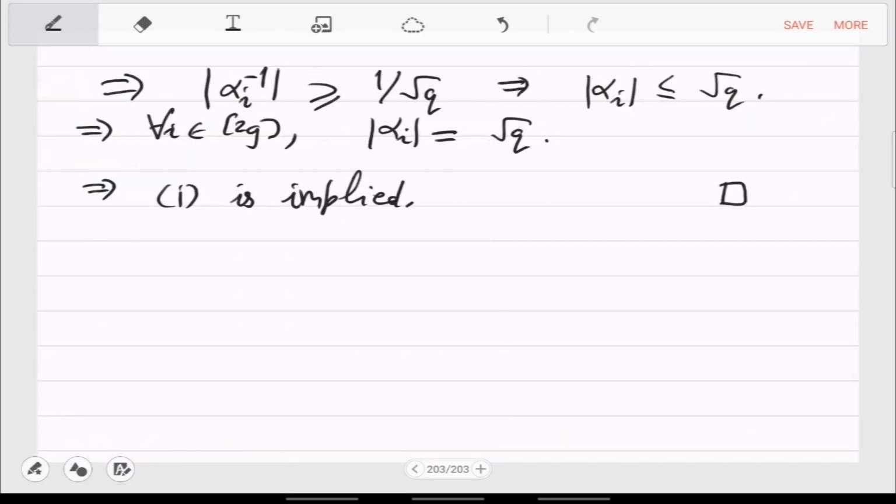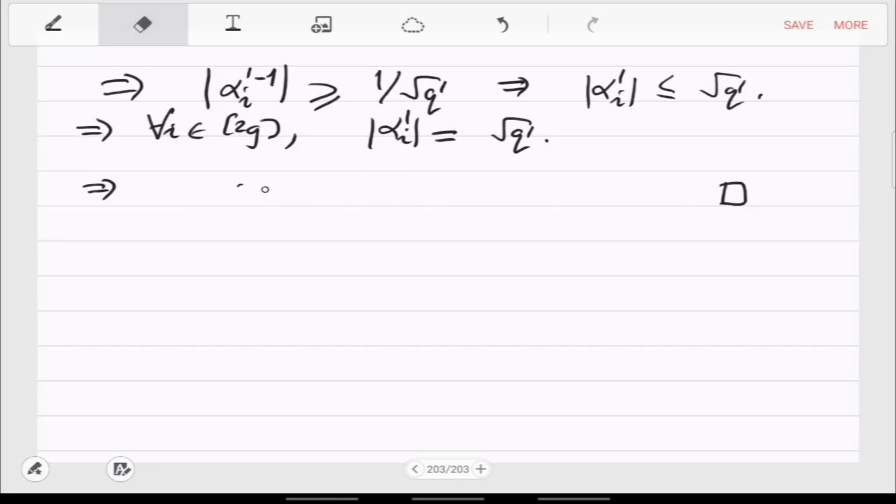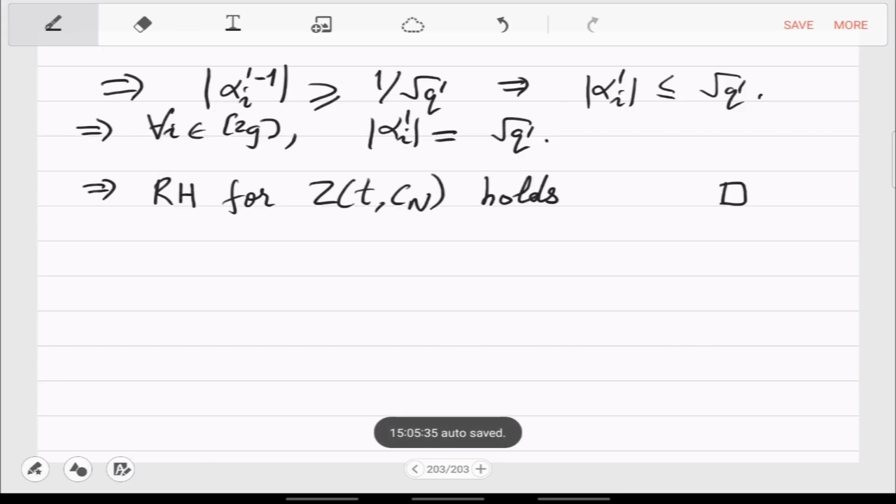So okay, what did we learn from here? So this means that RH for ZTC holds.